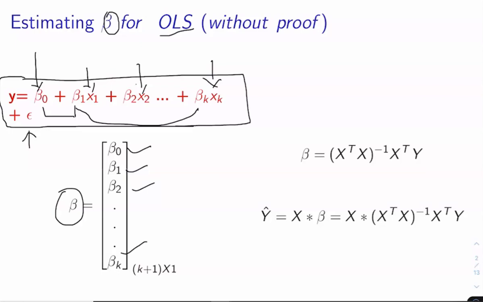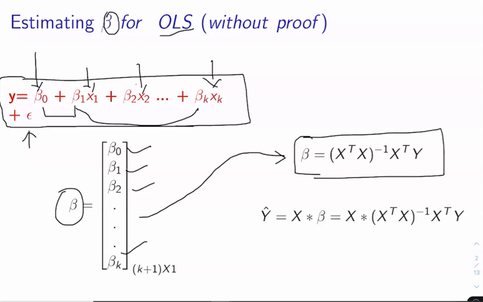This is one column vector having k plus 1 rows, and the values for beta 0, beta 1 etc. up to beta k can be calculated using this formula, in which X is the feature vector in which input features are there and y is the output vector, and this is the formula to predict the values of y.